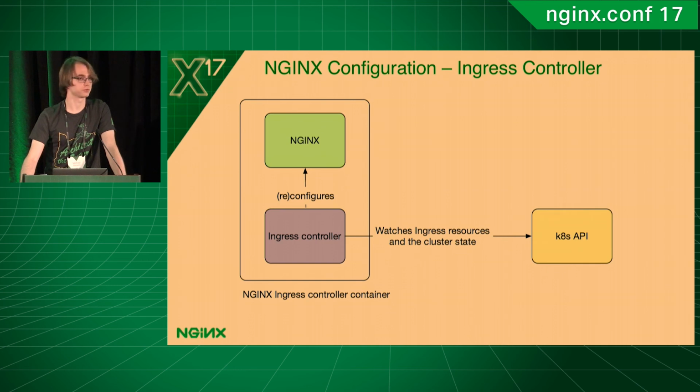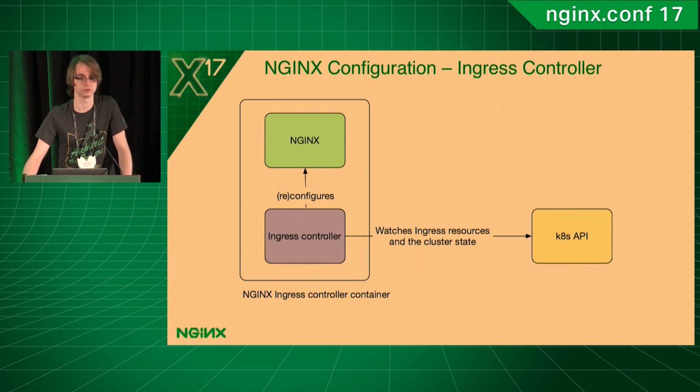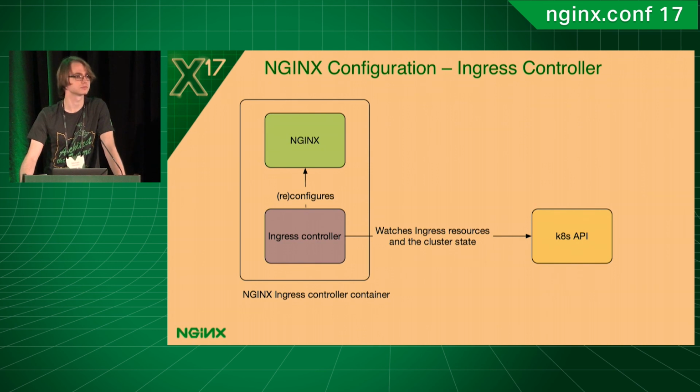And for JWT authentication, if you update the secret with the keys, the Ingress controller will see that you updated the keys, and it will change the file on the file system. And with the JWT keys, you don't have to reload NGINX to apply the new key. You can change the key on the fly.